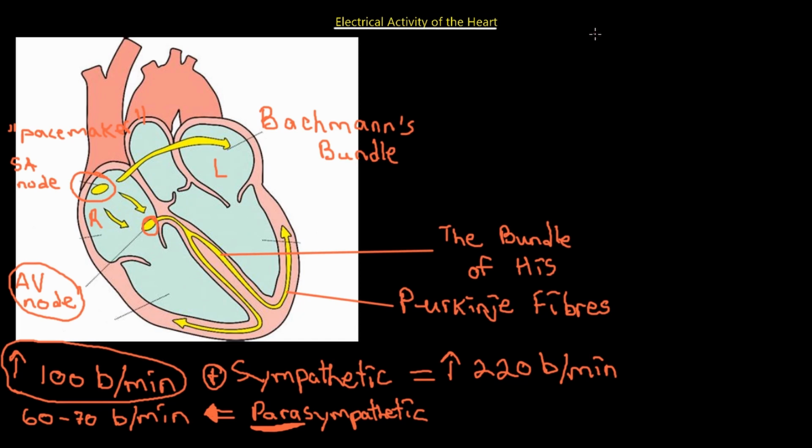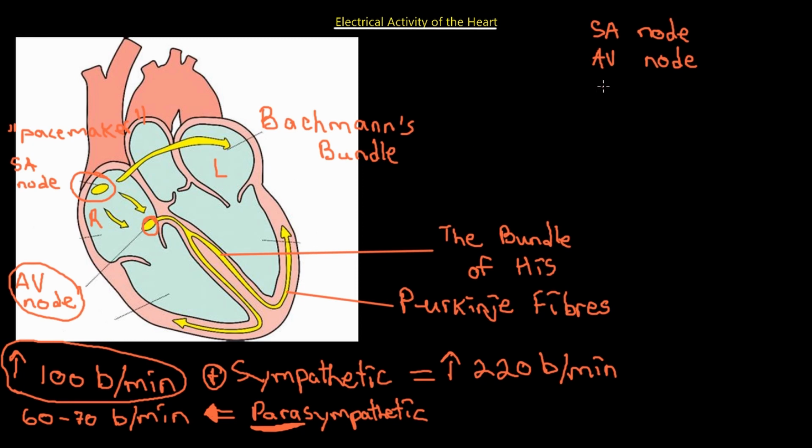So again, we're going to label this. First is going to be the SA node. Next is going to be the AV node that is going to slow down the electrical stimuli. And once the SA node contracts, the signal travels over to Bachmann's bundle, and it's going to stimulate atrial contraction, and they're going to contract at the same time.